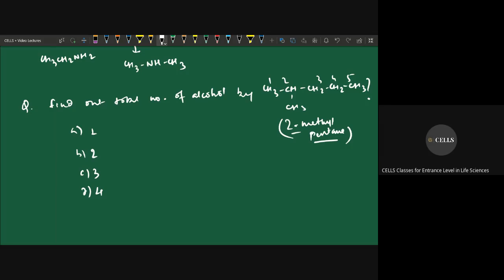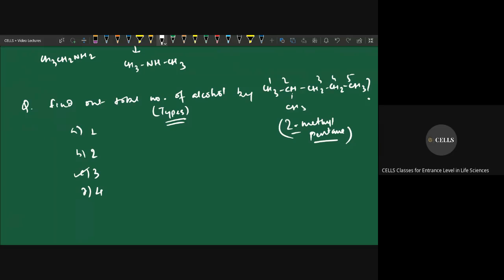But we have studied there are only 3 types of alcohol: primary, secondary, and tertiary. Mainly, they are talking about the types, because the same type will be just exactly the same. So, how many types? Right, 3 will be the correct answer.